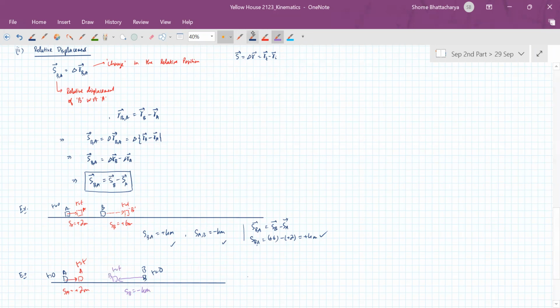So in this case, what will be the relative displacement of B with respect to A? And what will be the relative displacement of A with respect to B? Yes, very good. That's correct.